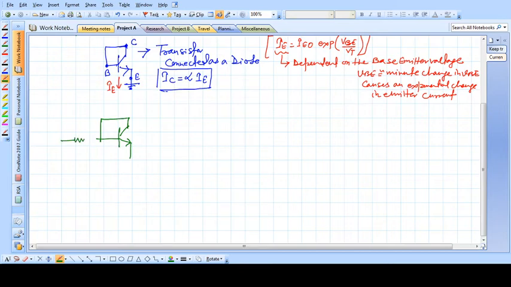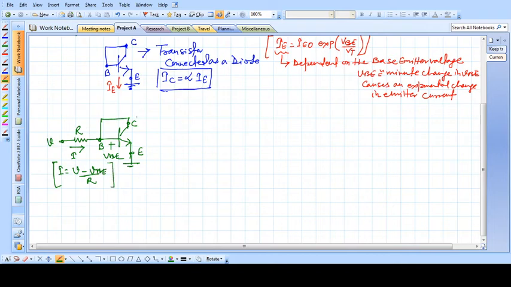So now we are applying a resistor, and say this voltage is V. This is your base, collector, emitter. This voltage is nothing but simply VBE, and some current is flowing. So this current I is V minus VBE by R, higher potential minus lower potential by R.